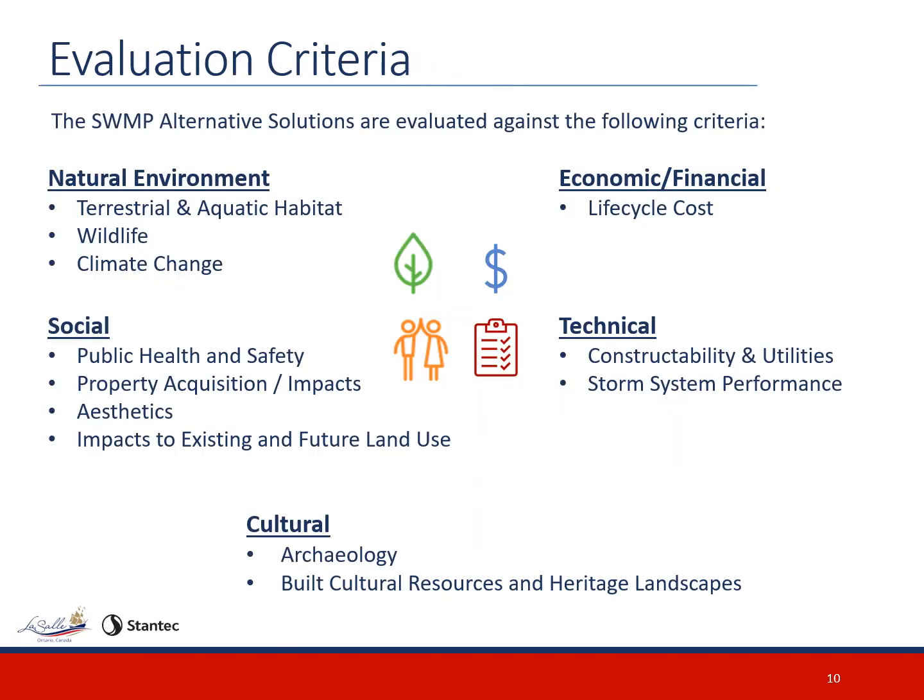Each alternative solution was evaluated using the following factors: natural environment, which considers terrestrial and aquatic habitat, wildlife, and climate change; social considerations, which considers public health and safety, property acquisition and impacts, aesthetics, and impacts to existing and future land use; cultural considerations, which includes archaeological resources and built cultural resources and heritage landscapes; economic and financial considerations, which considers life cycle costs, including capital costs and operation and maintenance costs; technical considerations, which considers constructability and utilities and storm system performance.